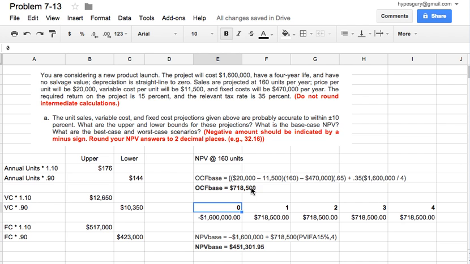Using a very similar format, I will come up with the operating cash flow base. Once I have that operating cash flow base, then I can plug it into a visual aid similar to this, run the numbers on those cash flows, and come up with the net present value based on a worst case scenario. Then I would go to the best case scenario and compare the base with the worst and also the best.